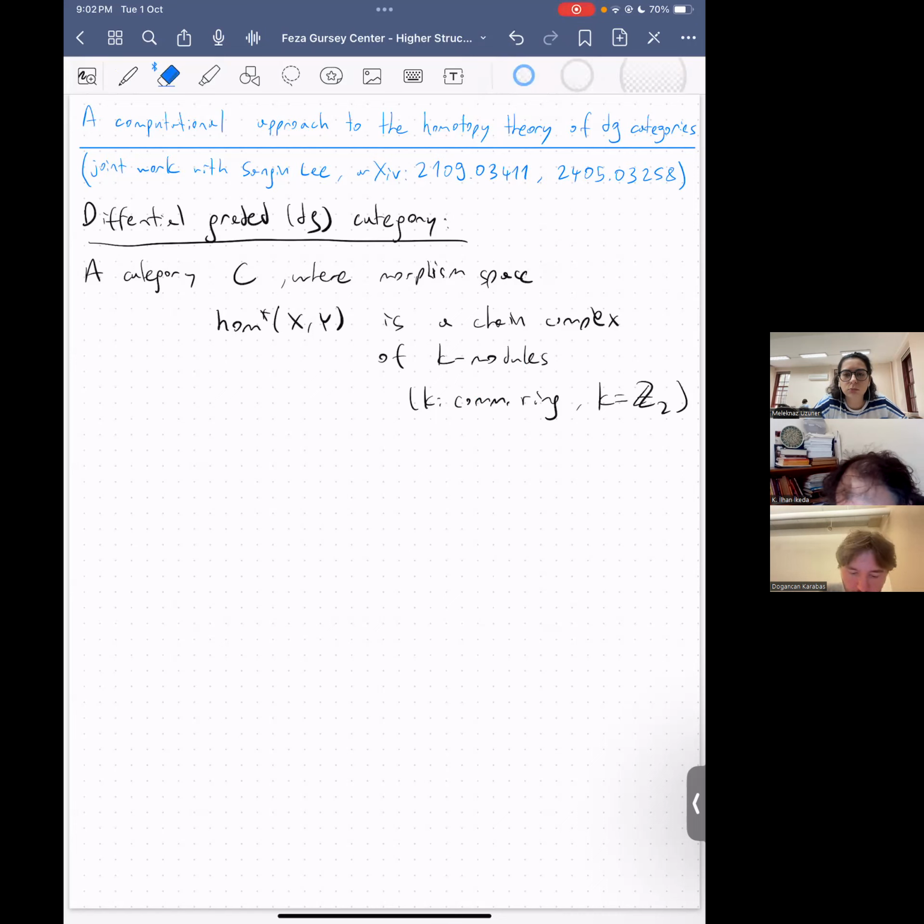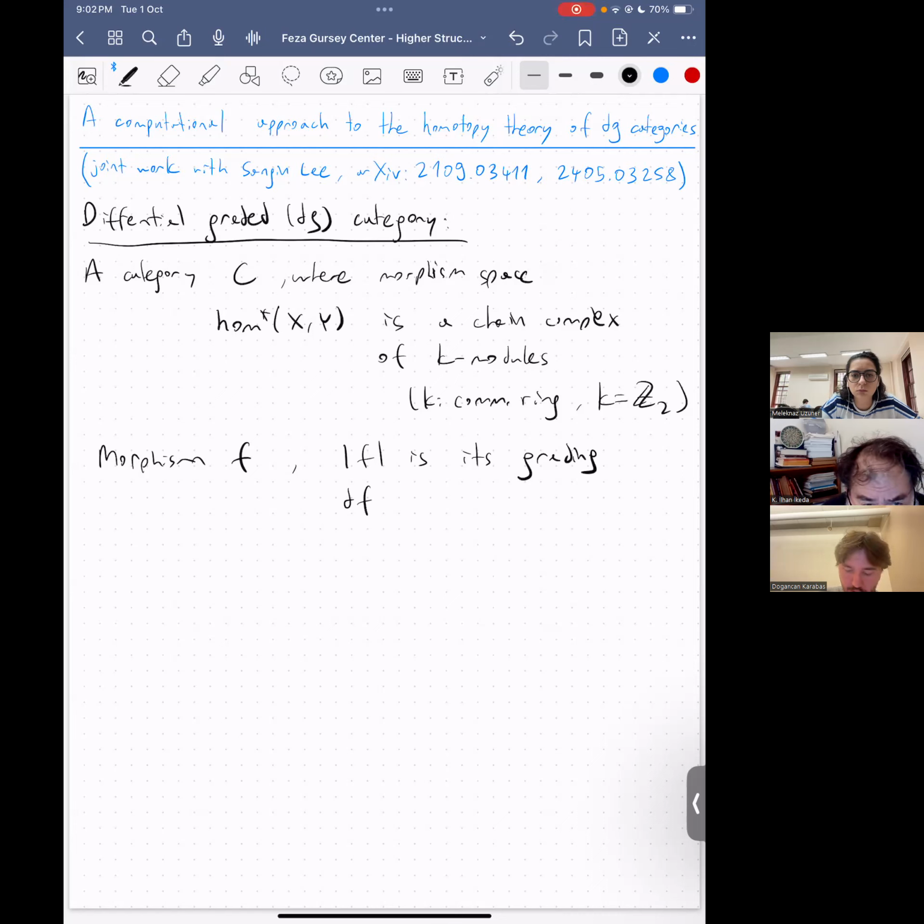So this means basically for each morphism, there is a grading of it. They are graded. And they have a differential. And these are my notation for them.